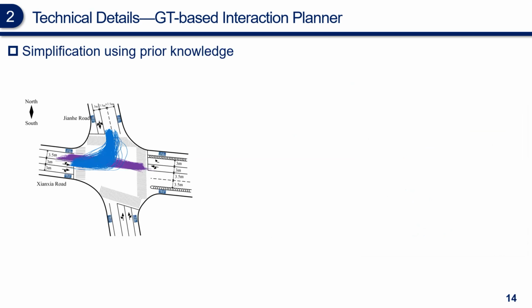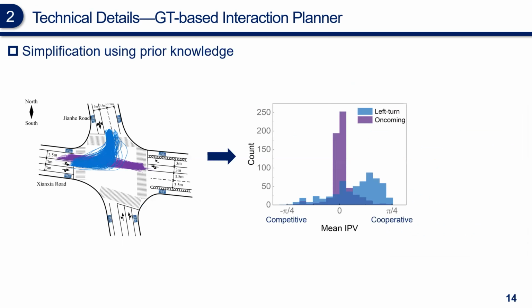As you may have noticed, the GT-based planner is also applicable for human-involved interaction. And this is actually an idea from a project that deals with human driver interaction. We analyzed the IPV of human drivers, and the background vehicles in CommonRoad are generally at this position. They're quite cooperative and nice guys.